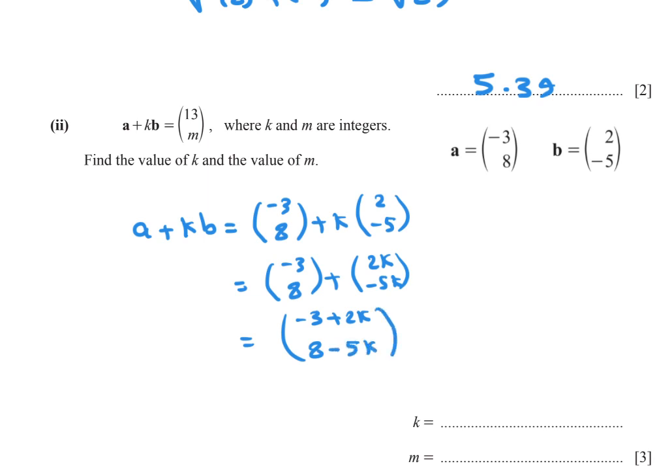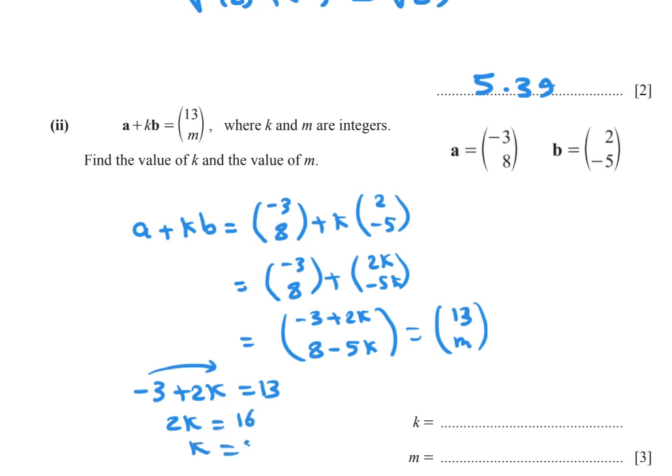But it's given to you that this equals (13, M). So x displacement equals x displacement. So negative 3 plus 2K equals 13. Transpose negative 3 to the other side as positive. So 2K equals 16. Divide by 2, so K equals 8.